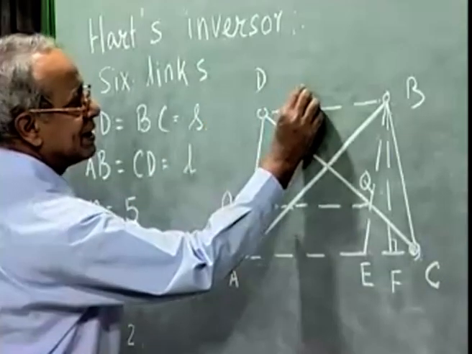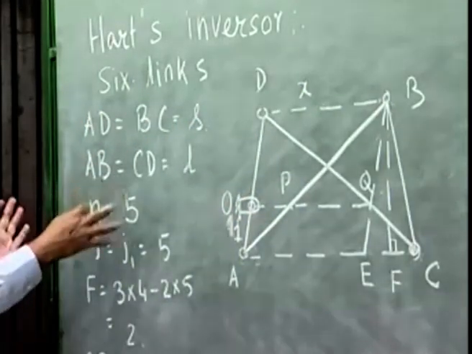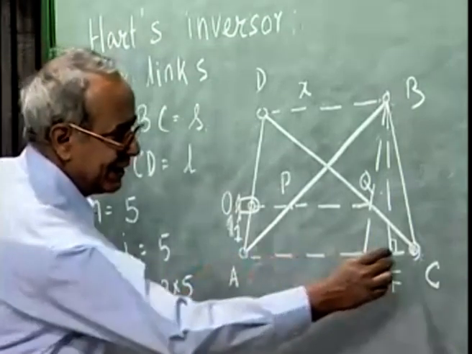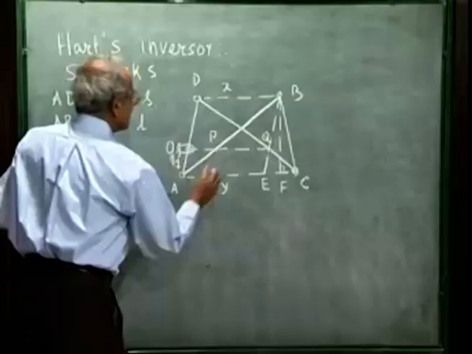Let me say BD, this distance, is X, which keeps on changing as the mechanism moves, as this assembly moves, and AC, let me call it Y, which also changes.